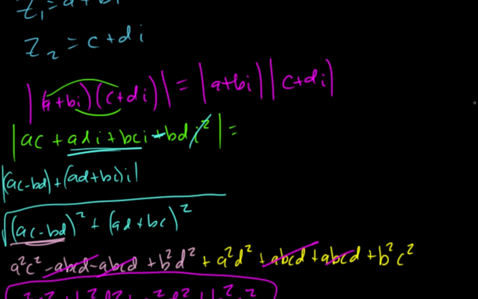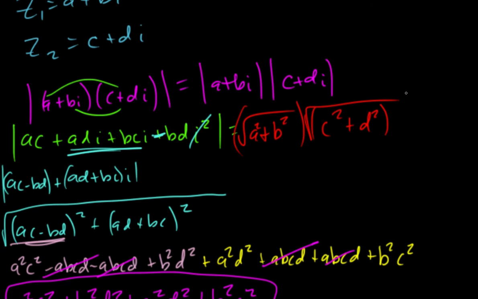Now if we come back up here, we find the magnitude here, so we're going to say a squared plus b squared square rooted, and then we're going to say c squared plus d squared square rooted.